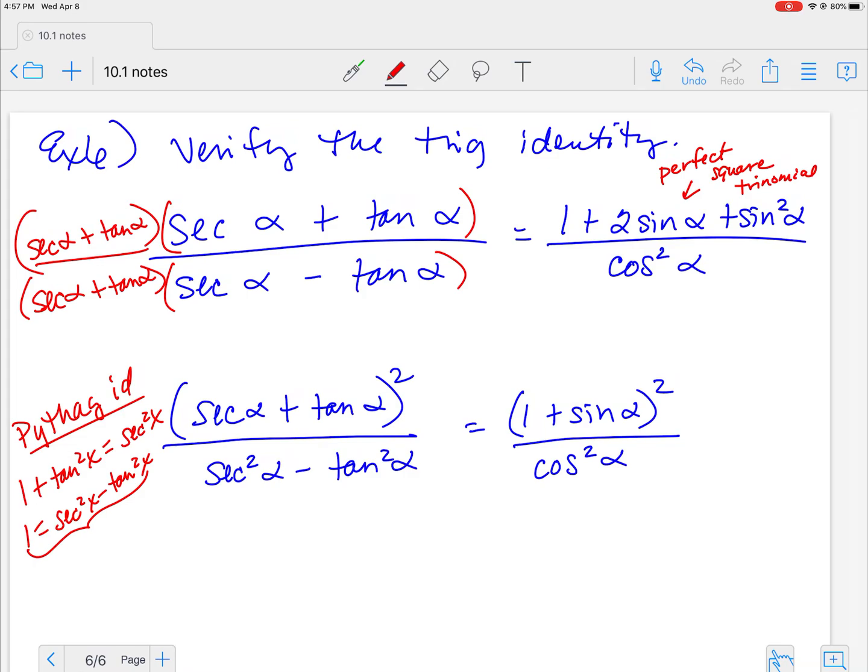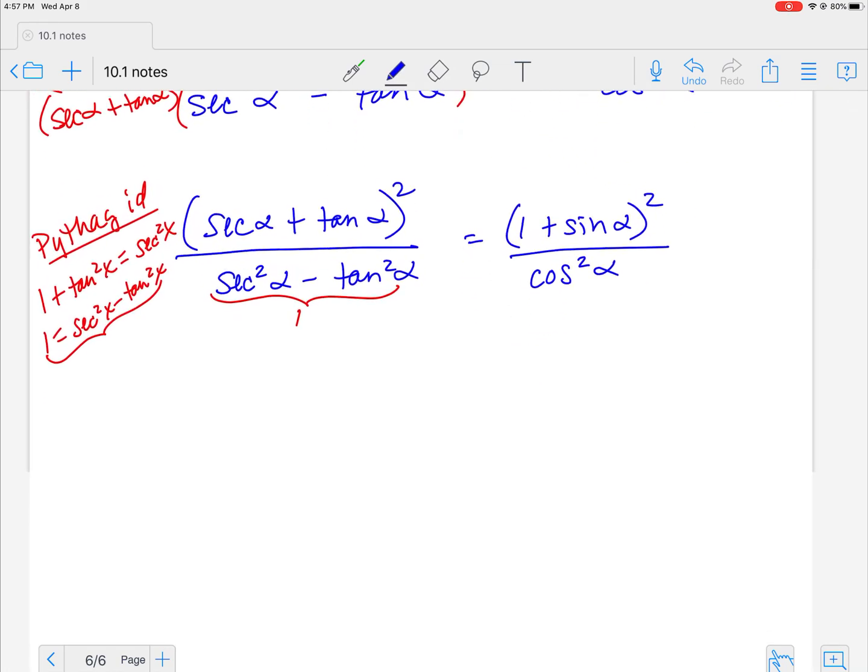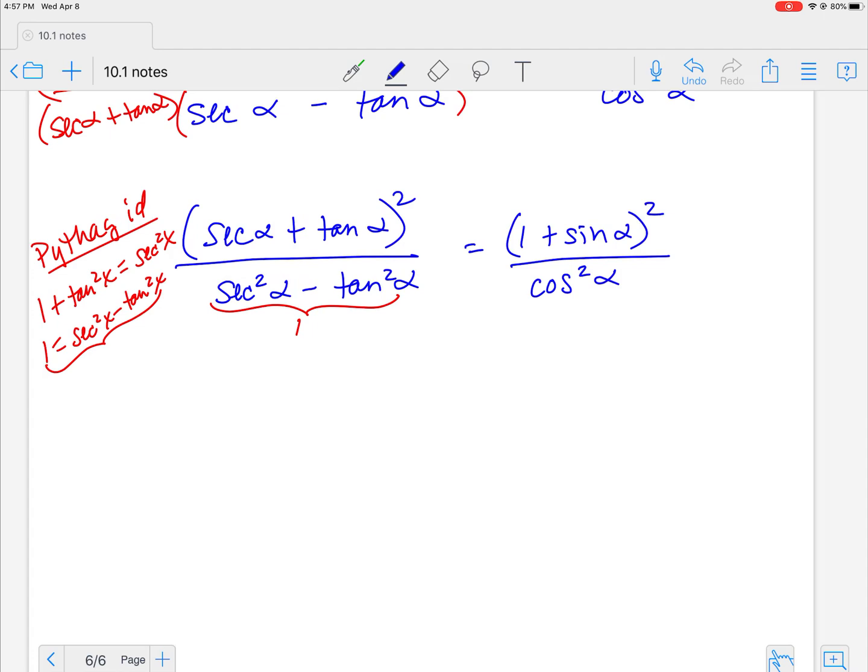So look at what's happening. You see that? Sweet, right? Okay. So now I can replace this denominator with a 1.